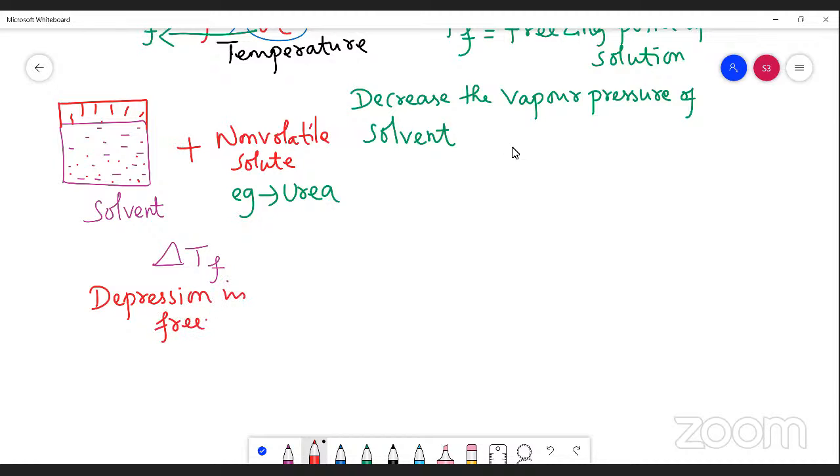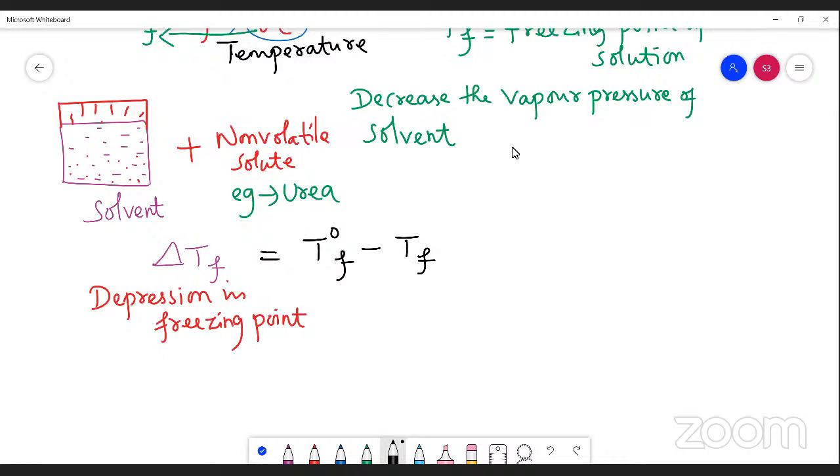This is a measure. It indicates how much temperature variation there is between the freezing point of a solvent and the freezing point of a solution. So del TF will be equal to T naught F minus TF.